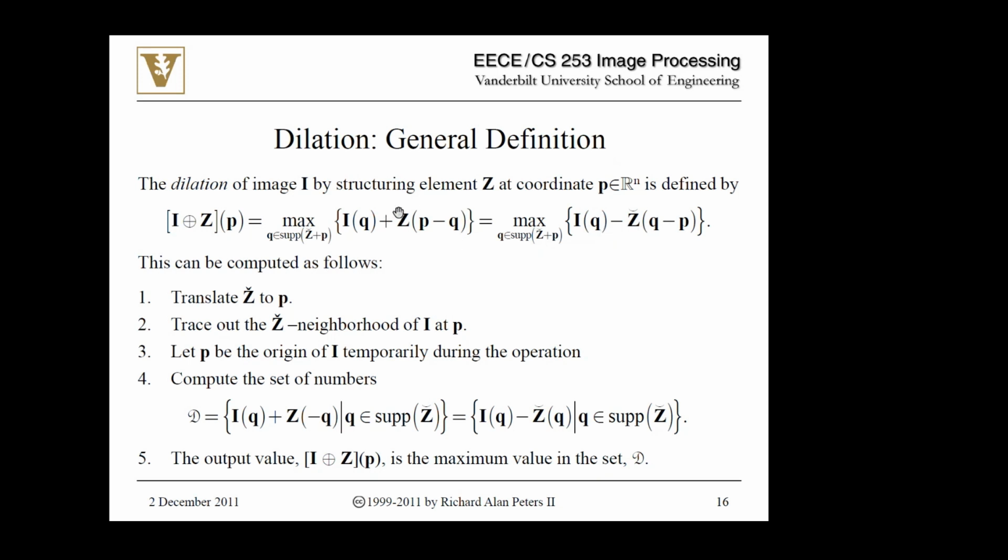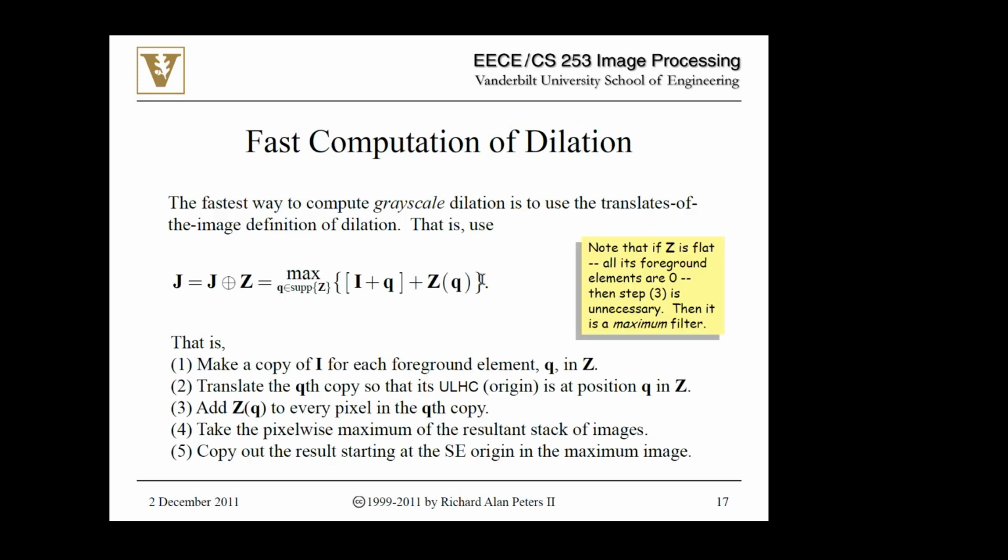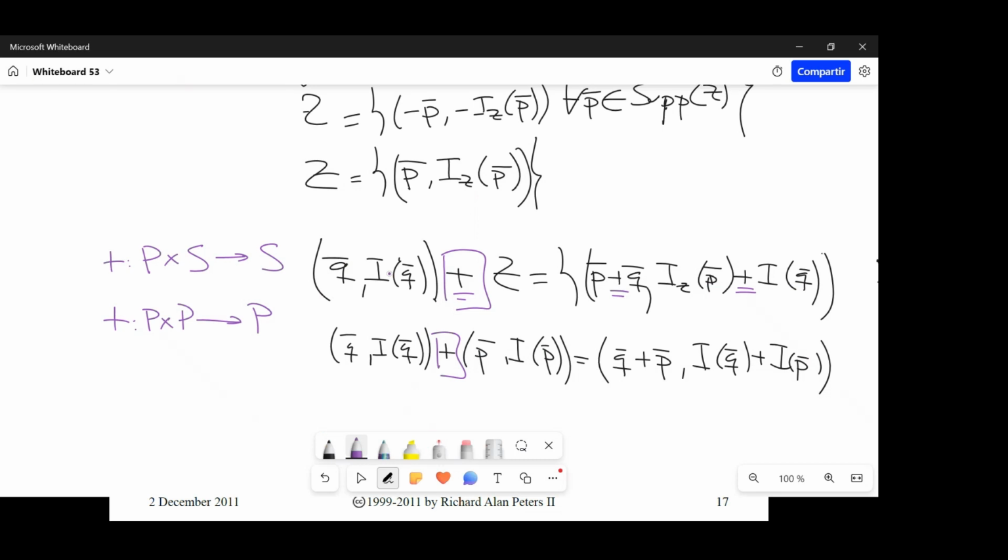Either we use here set and we add, or we reflect and we solve them. And there is another way that is this one. Okay, so let's try to show that one.